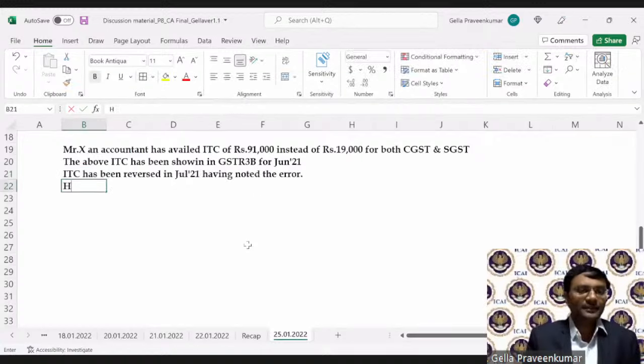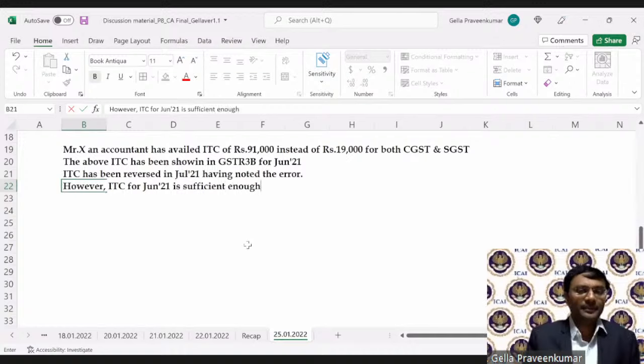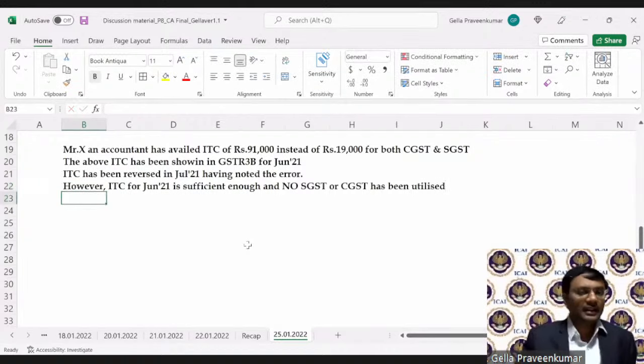However, ITC for June 21 is sufficient, and no SGST or CGST has been utilized. Read through these two points, students, carefully.